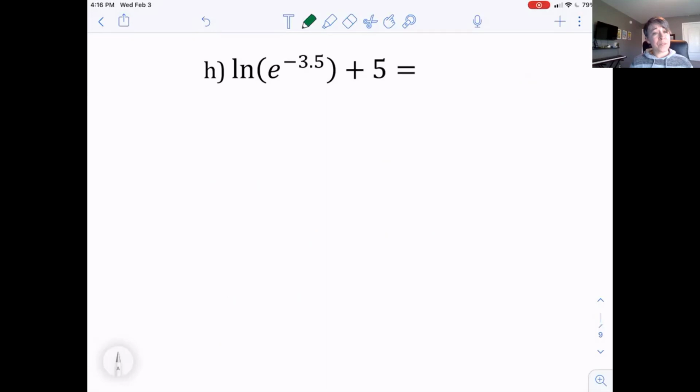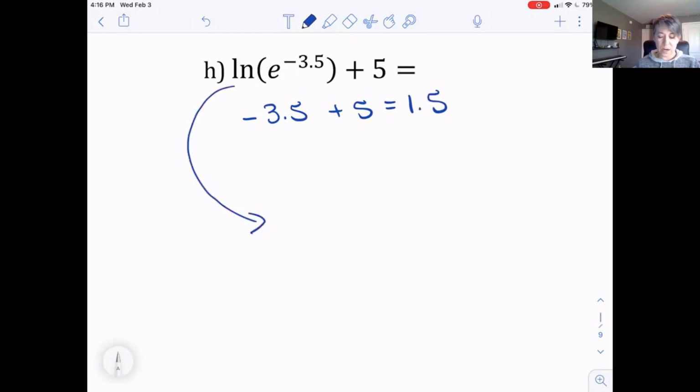This is the same issue. We have a natural log, therefore we have an understood base e. So e to what exponent would give us e to the negative 3.5, and then negative 3.5, which gives us a 1.5. So again, just a little scrap work down here.